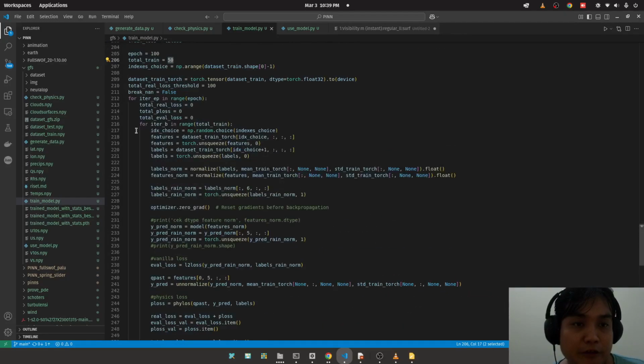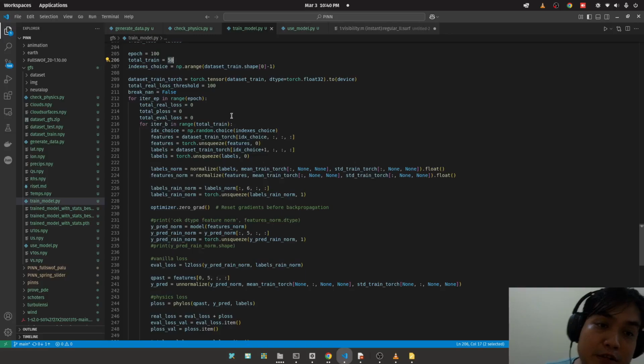Usually if you're using a neural network, you will use a mini batch, but because I only have limited resources, I'm only using a mini PC here, and my storage is only a few gigabytes.